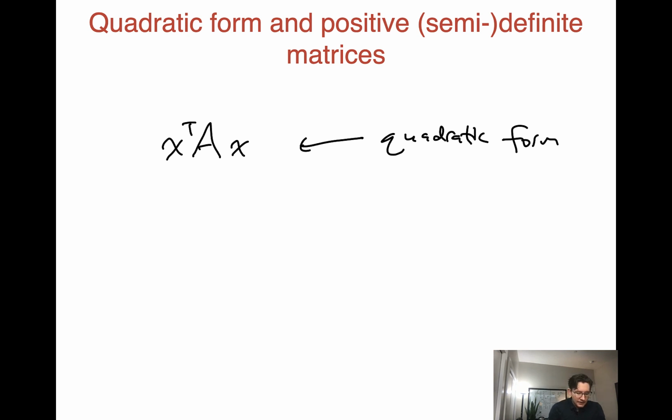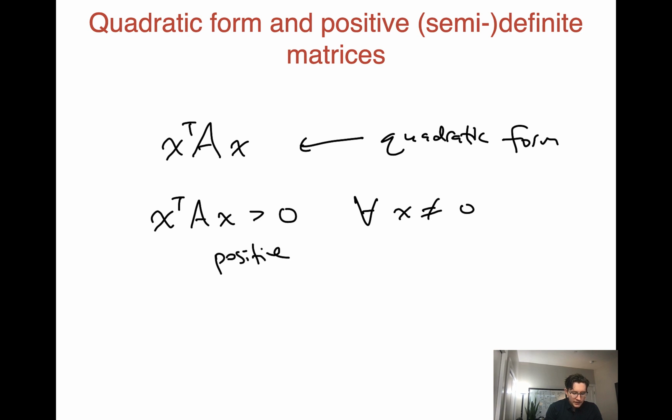If it's the case that x transpose Ax is greater than 0 for all x not equal to the zero vector, this upside down A means "for all", then we call A positive definite.